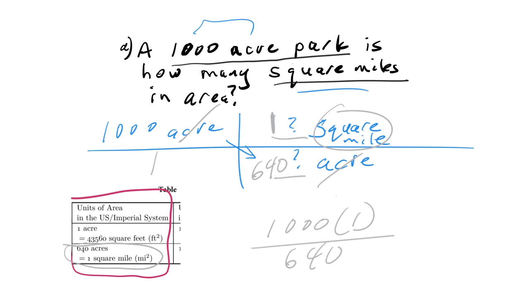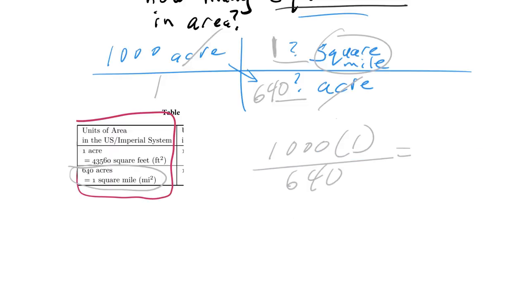Remember, there's just a 1 down there at the beginning, unless it's a ratio that you start out with, which we'll do later. Take out your calculator, and I get 1,000 divided by 640. I get 1.56. Okay, now I really get 1.5625.